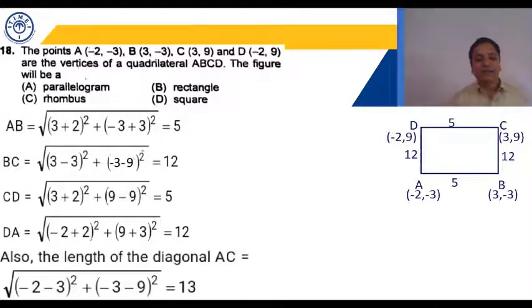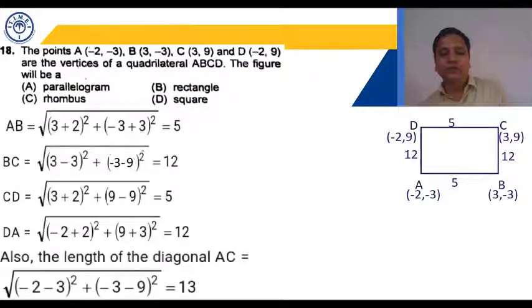Length of diagonal AC: (-2 minus 3) whole square plus (-3 minus 9) whole square. -2 minus 3 is -5, squared is 25. -3 minus 9 is -12, squared is 144. 144 plus 25 is 169, and when you take the square root, it comes out to be 13. AC comes out to be 13.